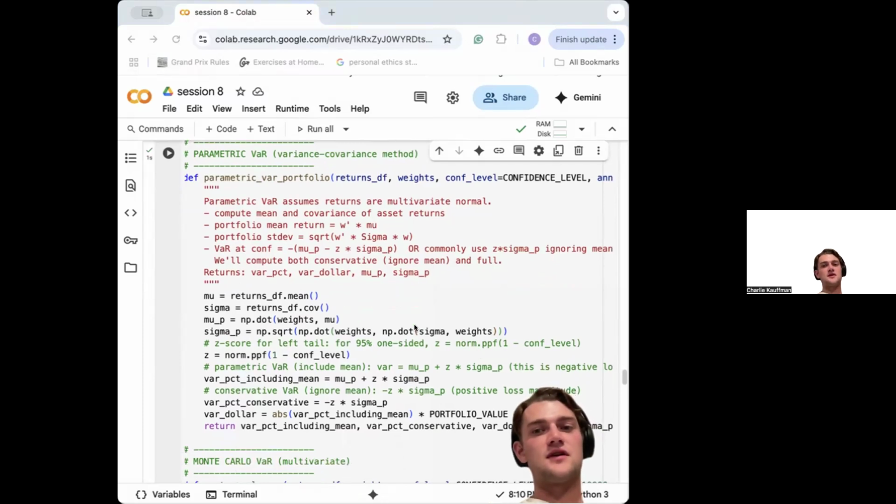These parametric numbers assume returns are normal and use volatility plus correlations to get the VaR.